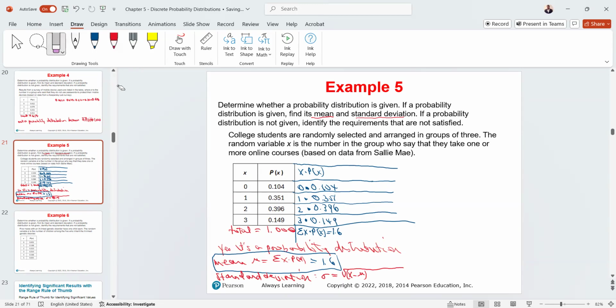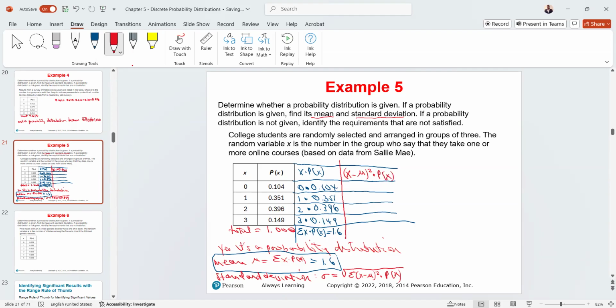We need to add them all together, so we're going to have the sum of (x minus the mean) raised to the power 2 times P(x). So in this column we add a column where we do x minus the mean, squared, multiplied by P(x).